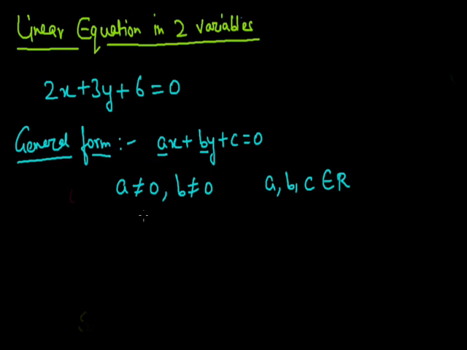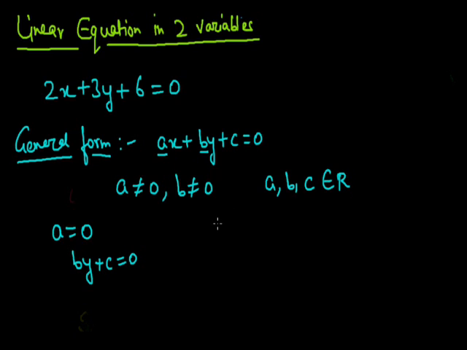As they belong to real numbers, a, b, c can be anything, but a and b cannot be equal to 0, because if either a or b is 0, then, like if I take a is equal to 0, this equation will become by plus c is equal to 0. This is a linear equation, but it is not of two variables, it is of one variable.